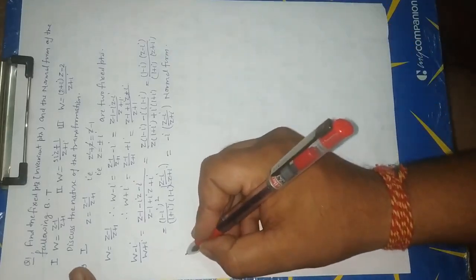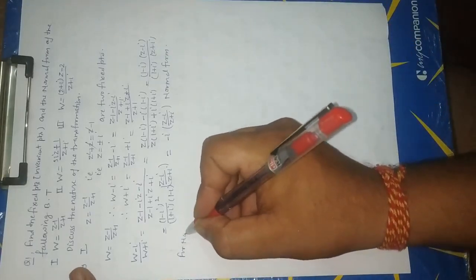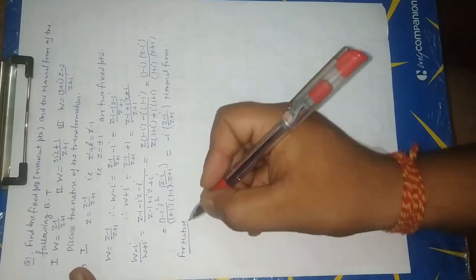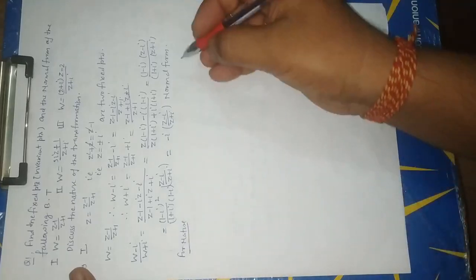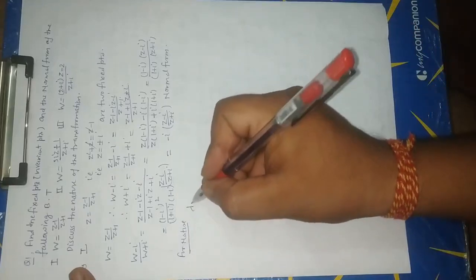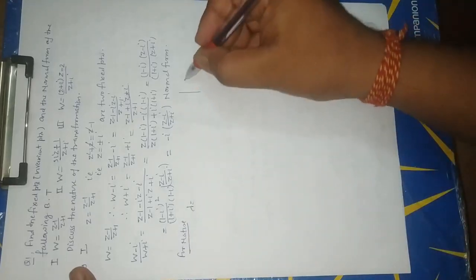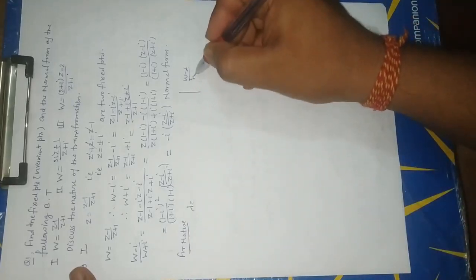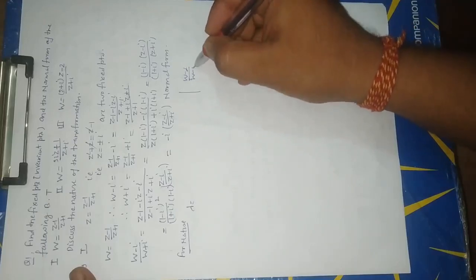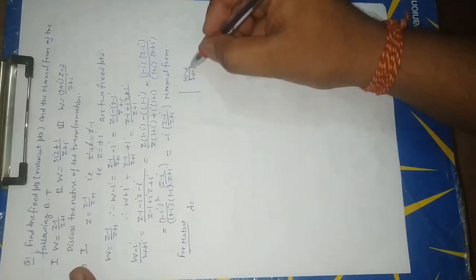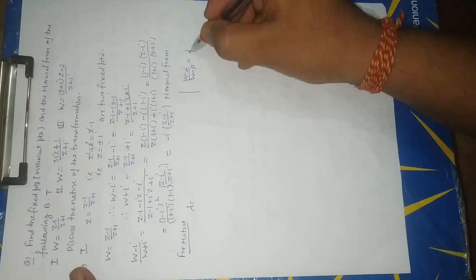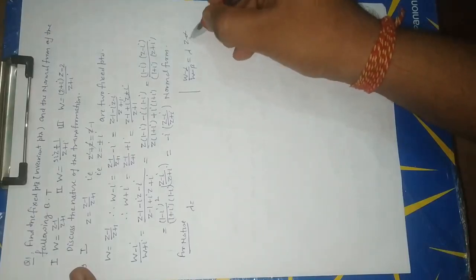For the nature of the transformation, this is compared with (W minus alpha) upon (W minus beta) equal to lambda into (Z minus alpha) upon (Z minus beta).